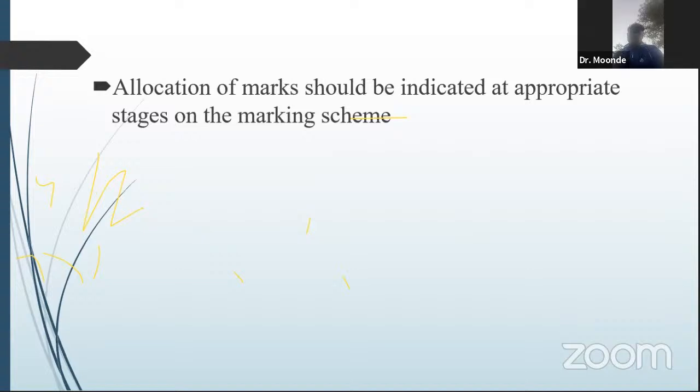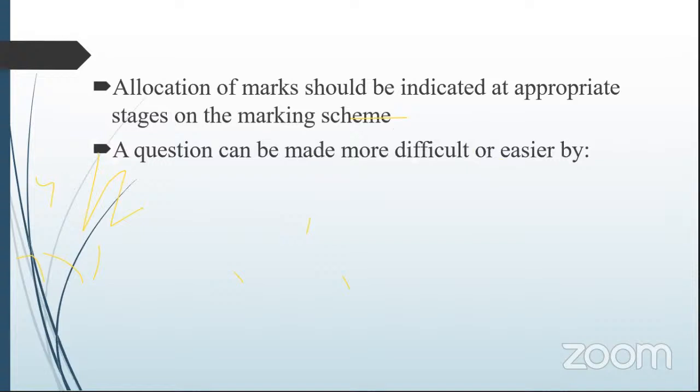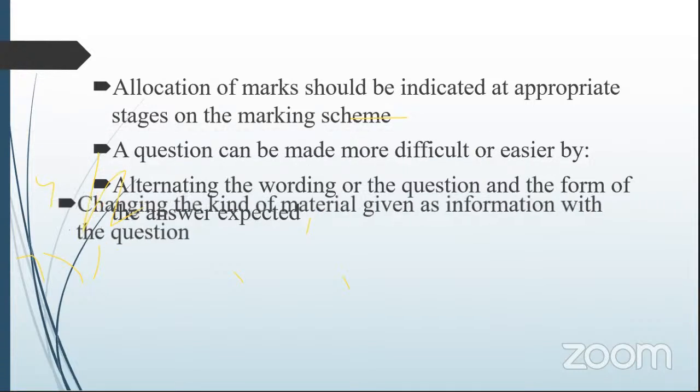Also, allocation of marks should be indicated at the appropriate stages on the marking scheme. If this question needs half a mark, you indicate. A question can be made more difficult or easier by alternating the wording of the questions and the form of the answer expected.